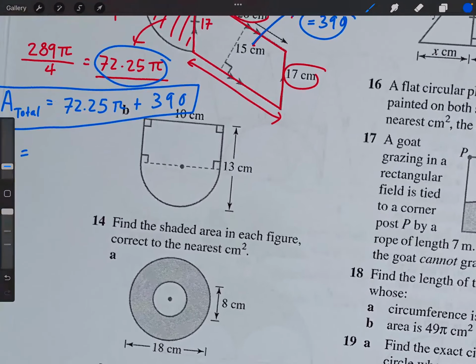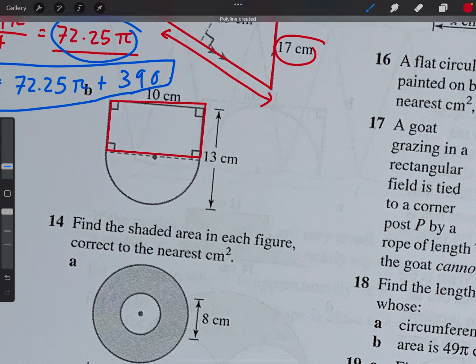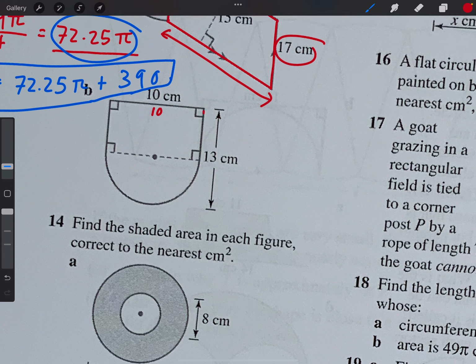Now question B. To find the area of this shape, we're going to find the area of this rectangle, which is really easy. This is 10, and this one we need to find the width of, or the height of this rectangle.